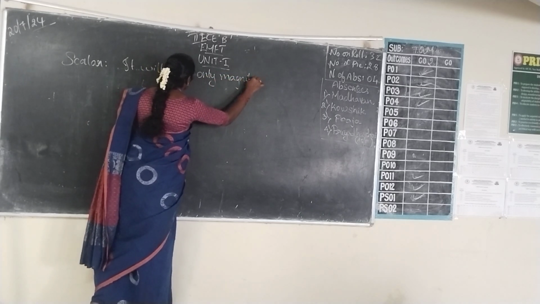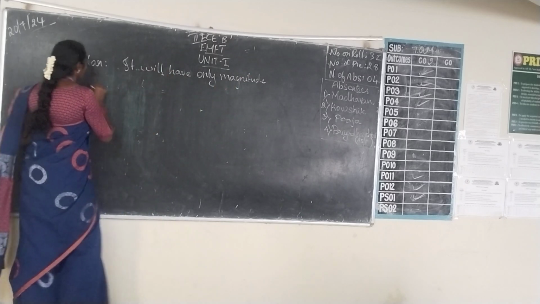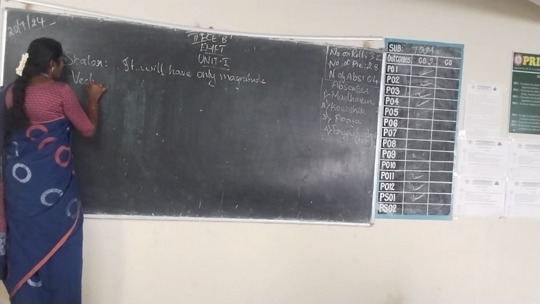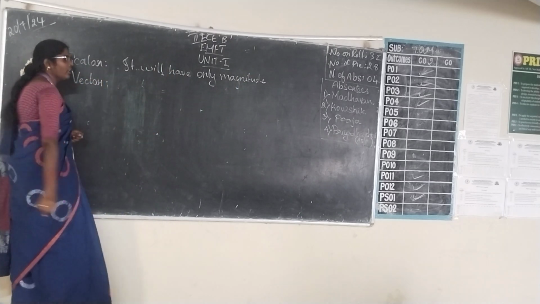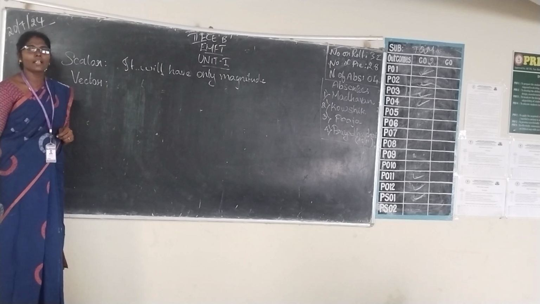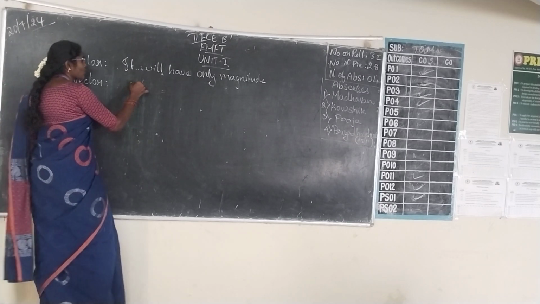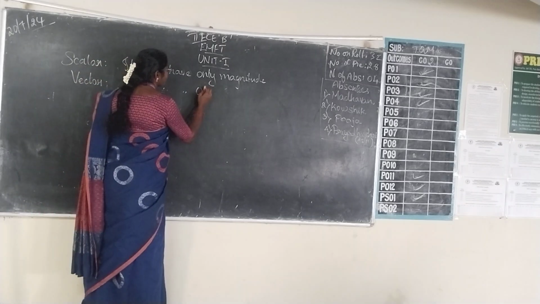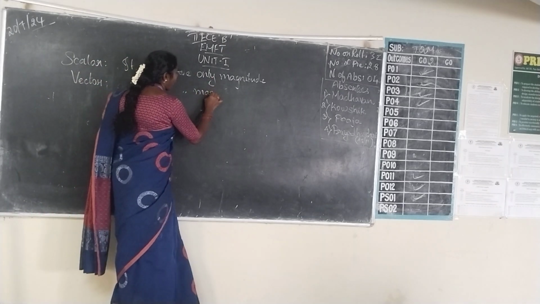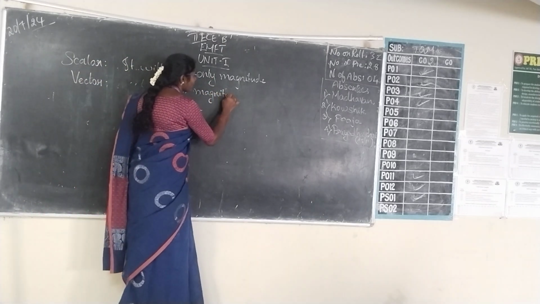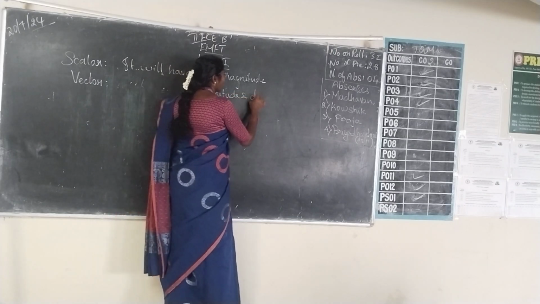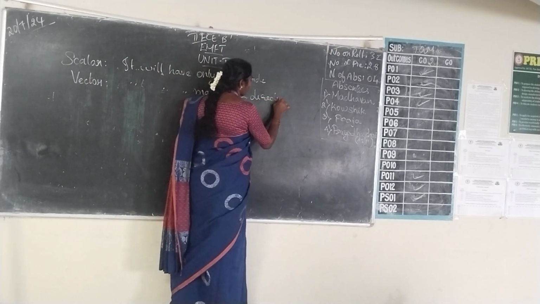What about the vector quantity? It has both magnitude and direction. If a physical or fundamental quantity has both magnitude as well as direction, then it is said to be a vector quantity.